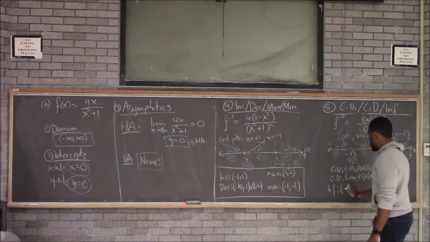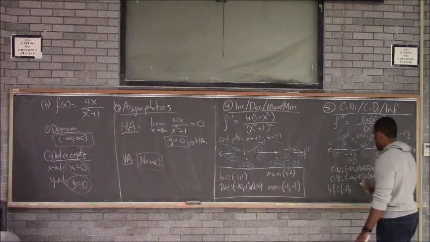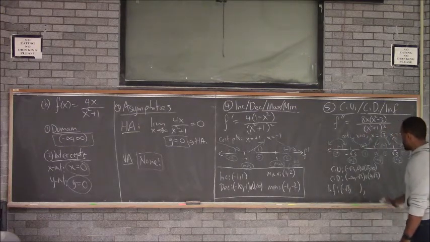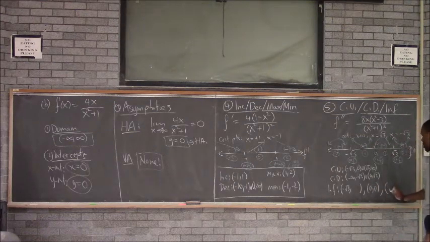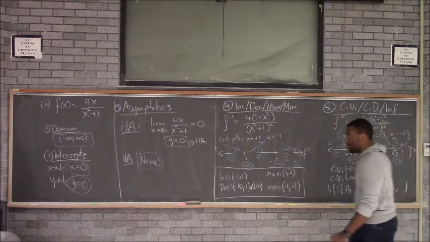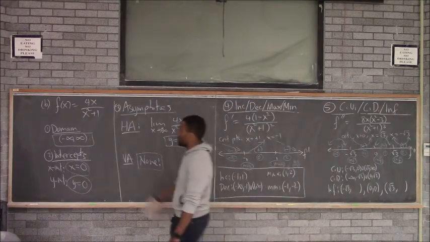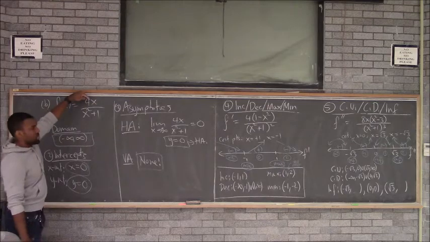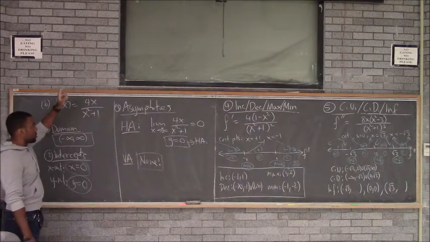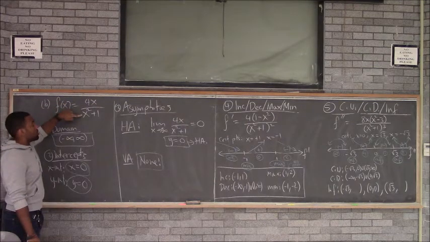Inflection points. Well, there's one at minus radical 3, comma something, there's one at 0, comma 0, there's one at positive radical 3, something. How do I find that coordinate? Well, it's a location. For location, I go to the original graph. I'm going to plug in negative radical 3 here, so I have minus 4 radical 3. Plug in negative radical 3 here, that's going to be 3 plus 1, which is 4.